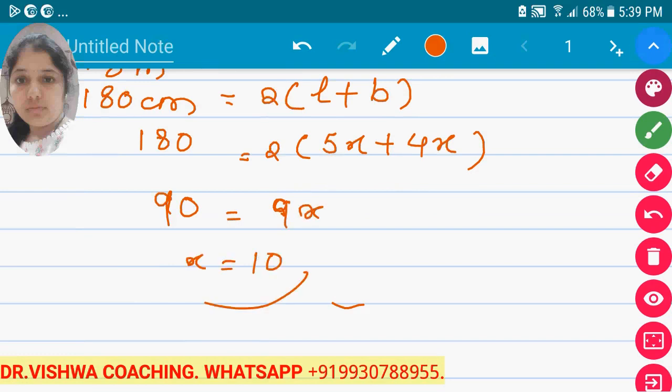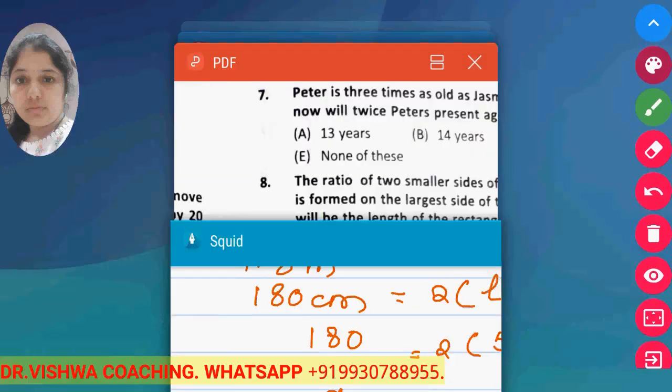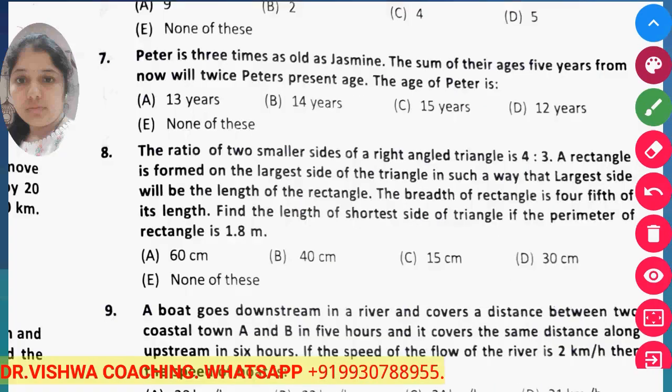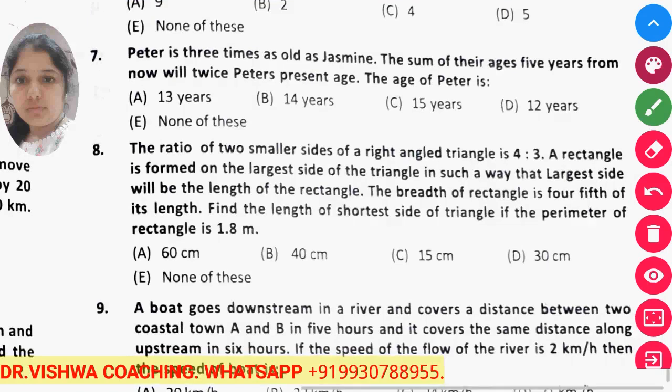So x is equal to 10. Now the sides of the triangle are 3x and 4x. So the smaller side is 3x. So 3 into 10 is equal to 30, the smaller side. So your answer is D. Okay, understood?